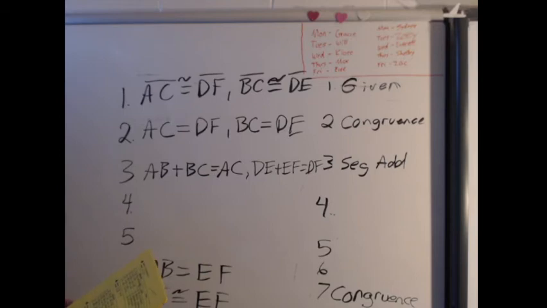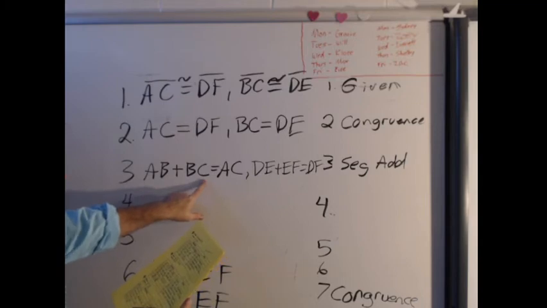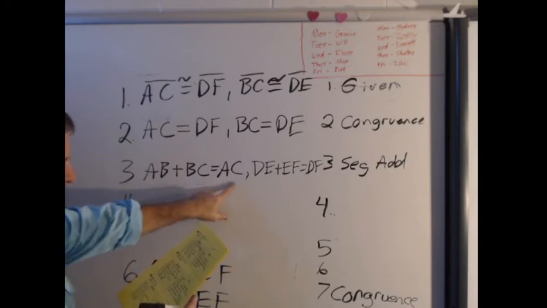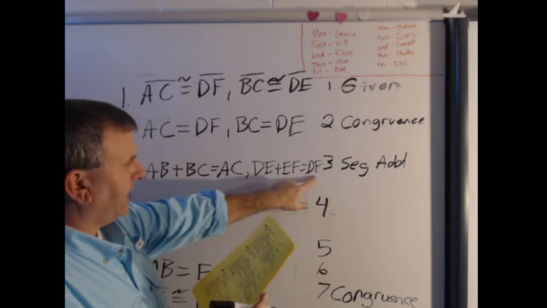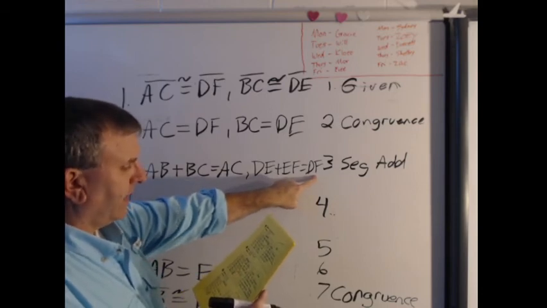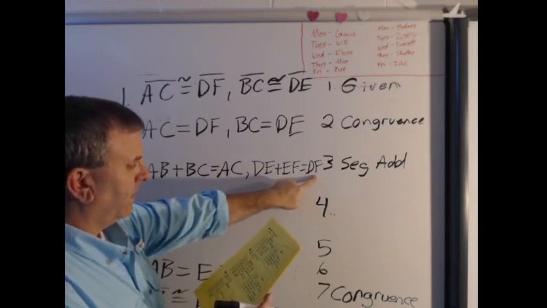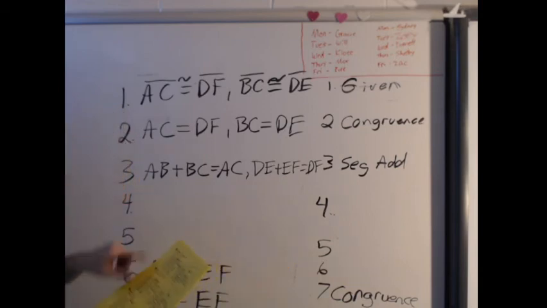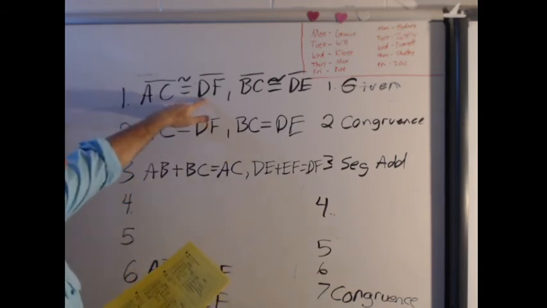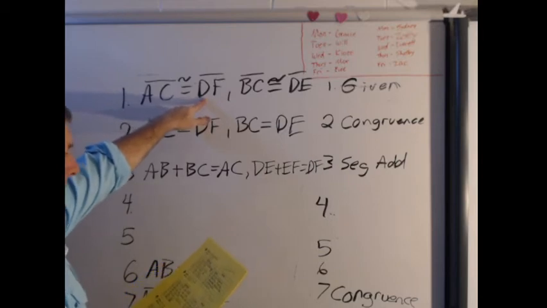All right, so now on step 4. If AB plus BC equals AC, DE plus EF equals DF, and I'm told at the top AC is equal to DF, so I know that the whole line is equal to that.